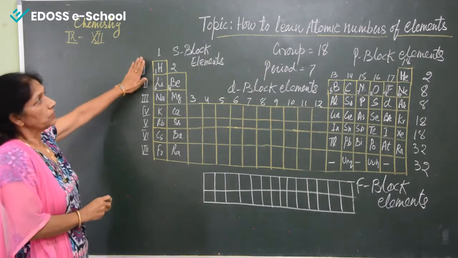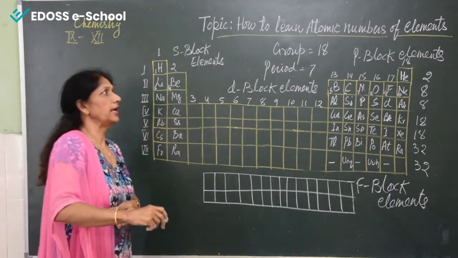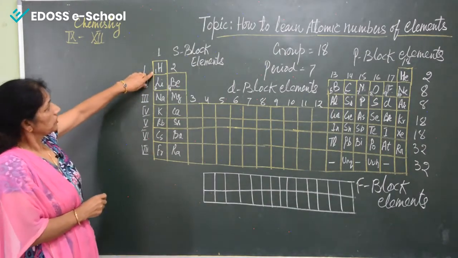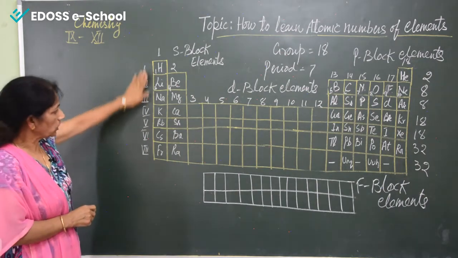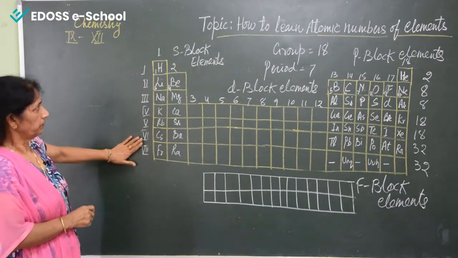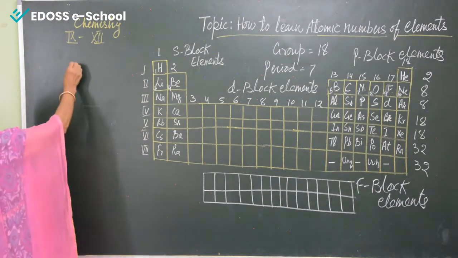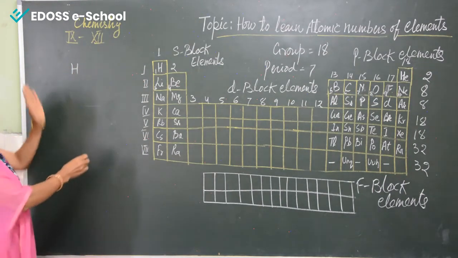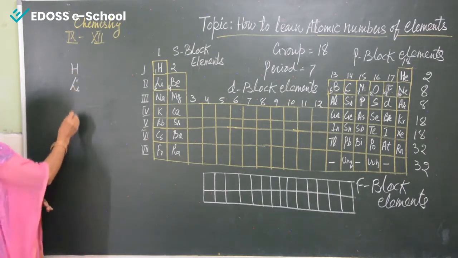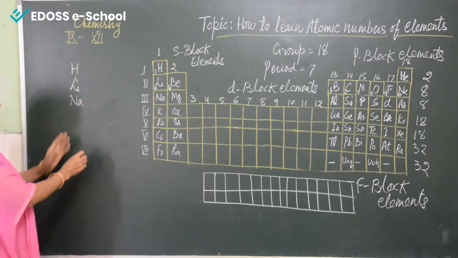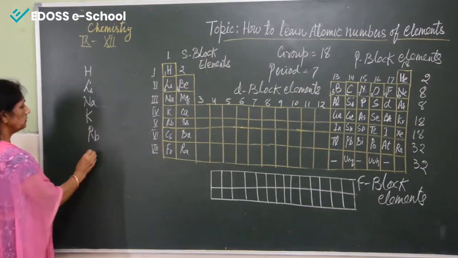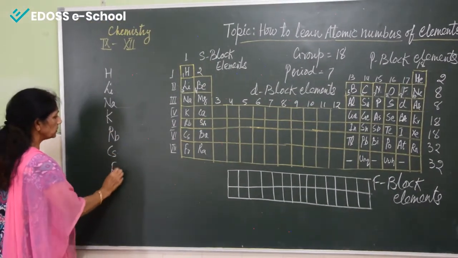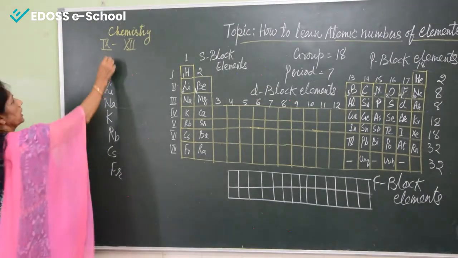If you want to learn the atomic numbers of the elements, the first element's atomic number should be known to you. Suppose I am talking about group 1. Here I am writing group 1 elements: hydrogen, lithium, sodium, potassium, rubidium, cesium and francium.